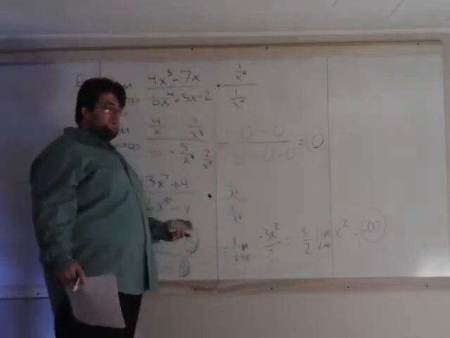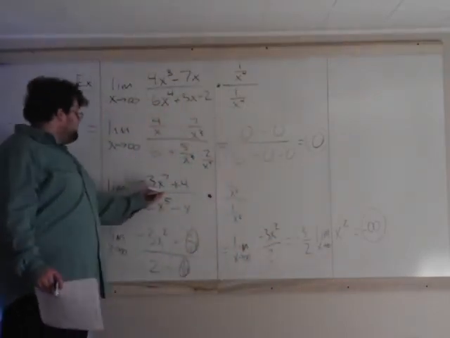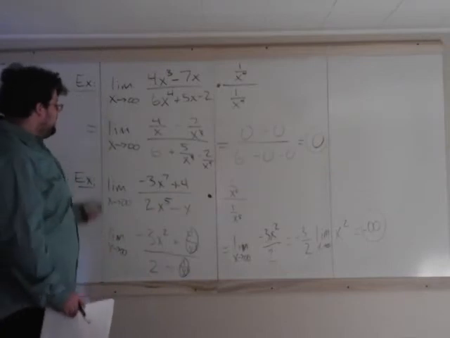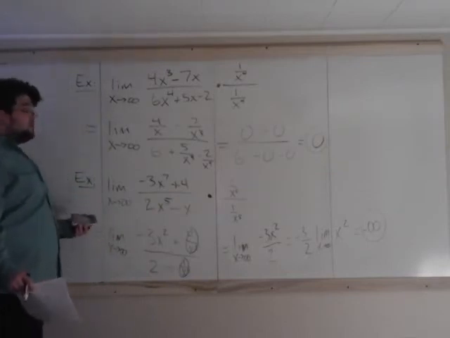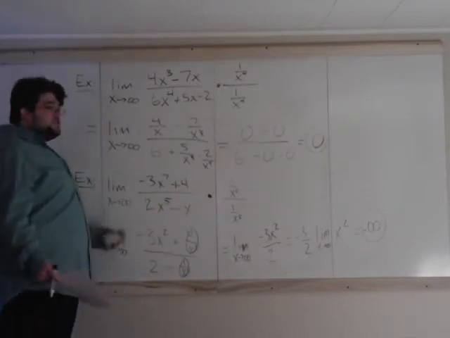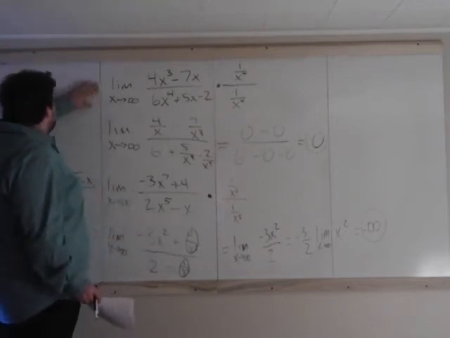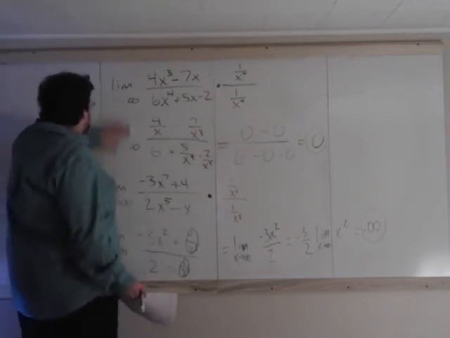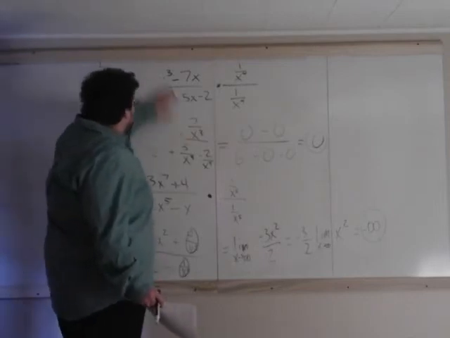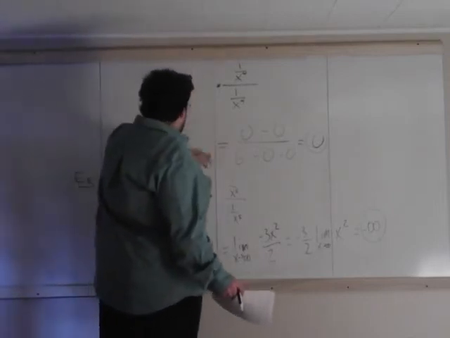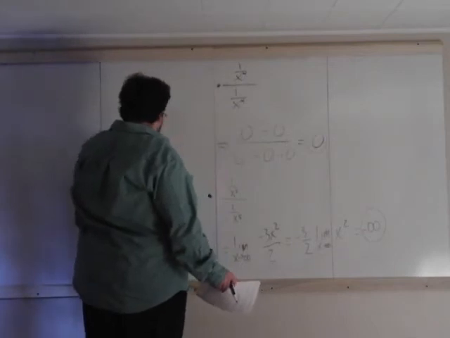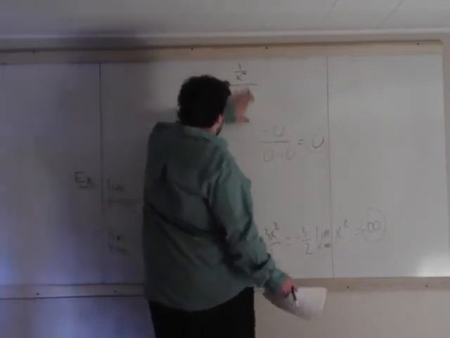That will also always happen when the degree on top is larger. In the first 2 examples, the degrees were equal and we got a finite number. That is also what we should expect. When the degree on top is equal to the degree on the bottom, your limit will be a finite number.